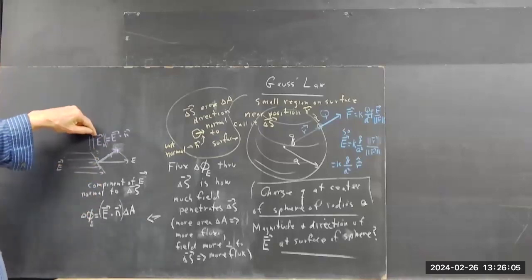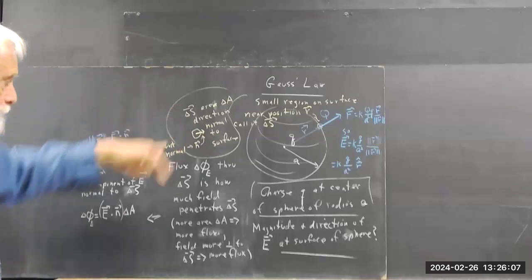And the magnitude of EN is just E dot N, where N is a unit normal.